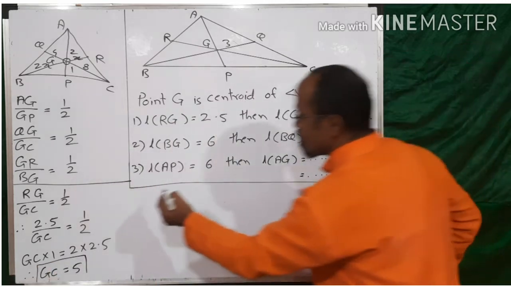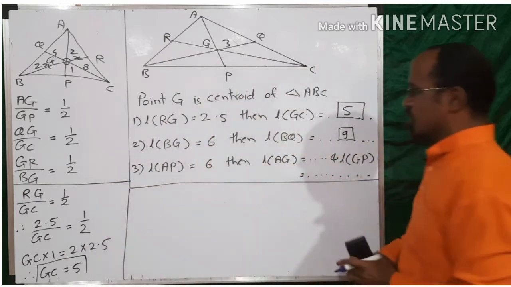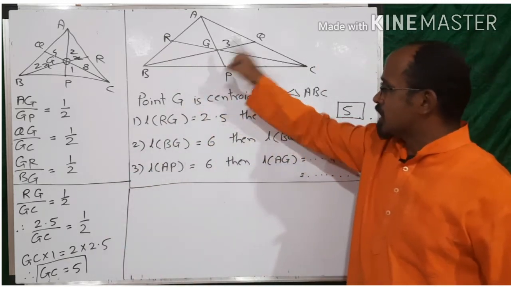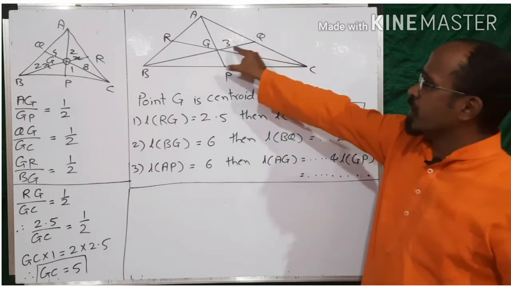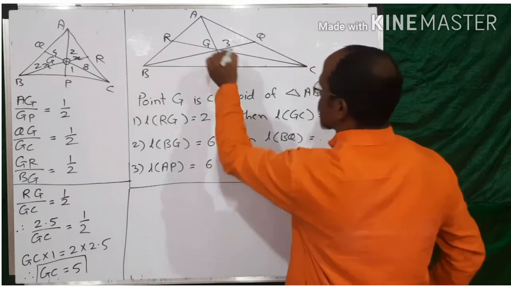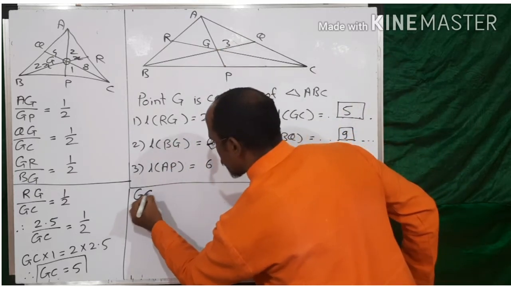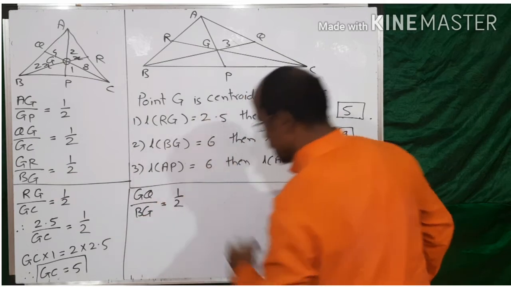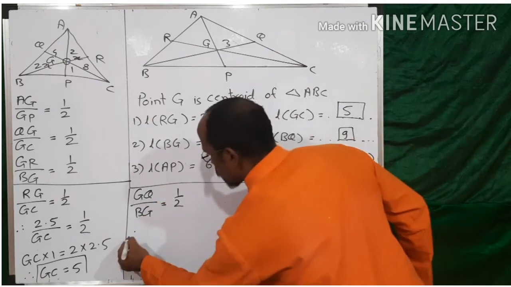Clear? Let us write next answer. BG is equals to 6. BG, then what is BQ? For that we need to find out GQ. So let's find GQ upon BG is equals to 1 upon 2. Let's replace the values.